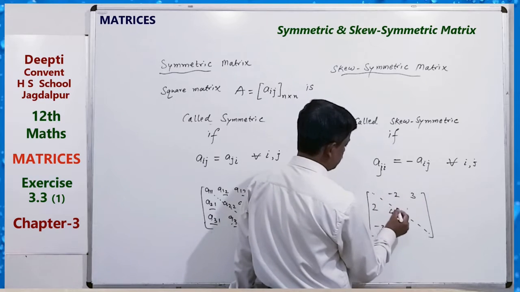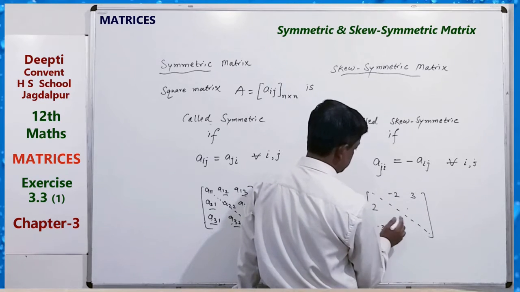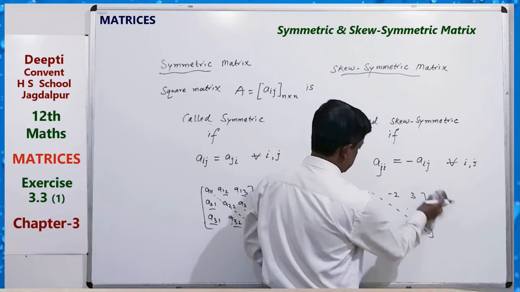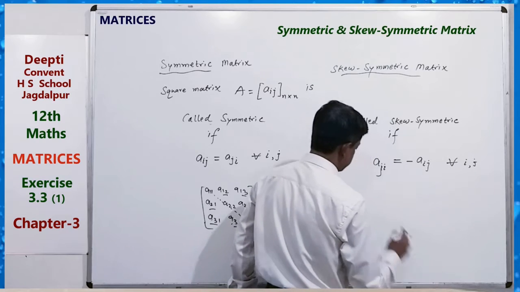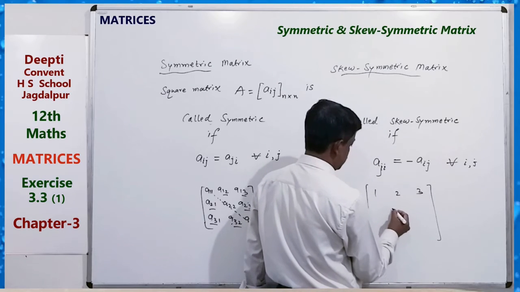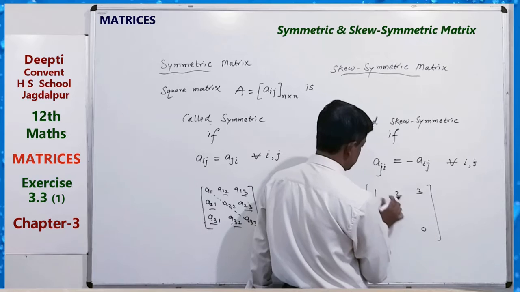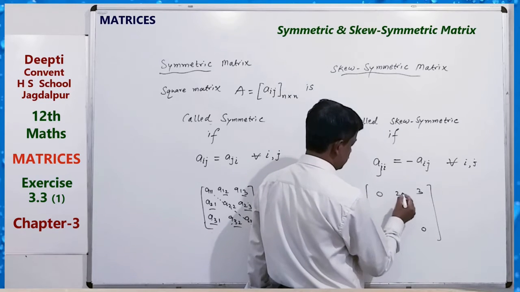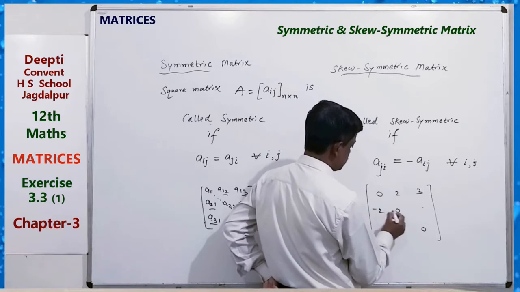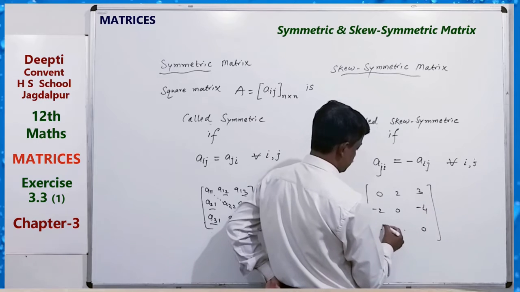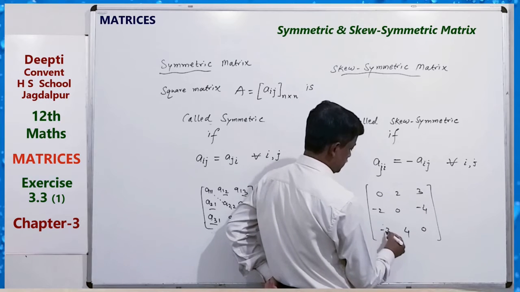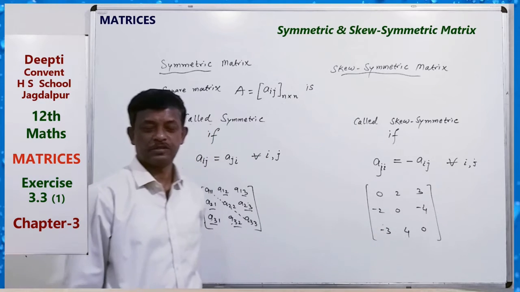The diagonal is 0, 0, 0. So this is a skew-symmetric matrix.